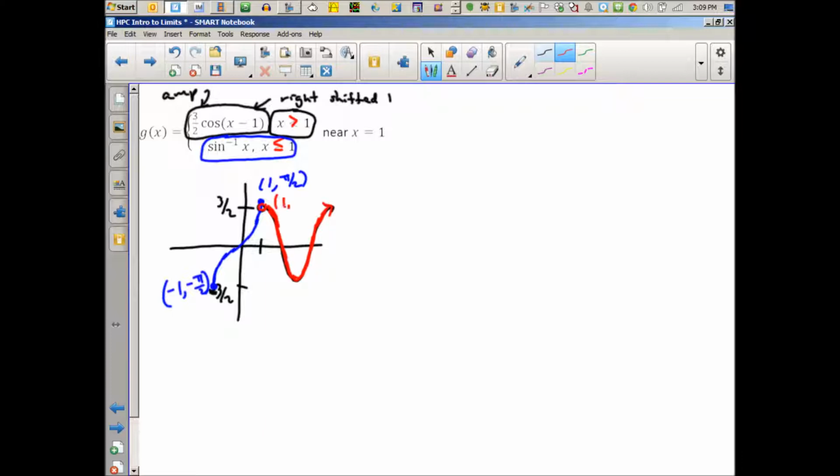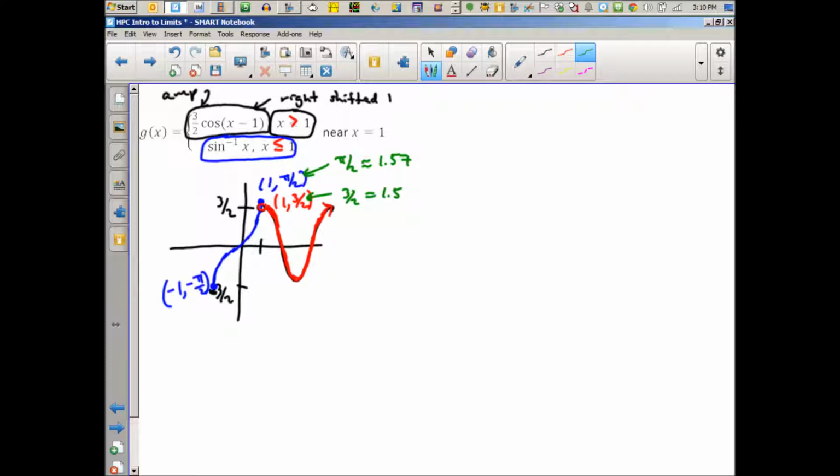The point in red here, which is an open point, is the point 1 comma 3/2, and the blue one is the point 1 comma pi over 2. And you'll notice that this is about 1.57, but 3/2 is, of course, exactly 1.5. So these are not close enough, right? They have to be an exact fit in order for this to be continuous.